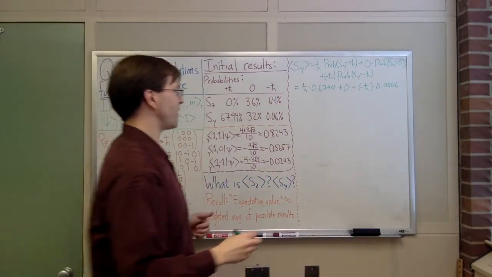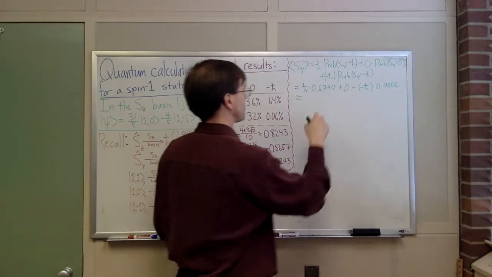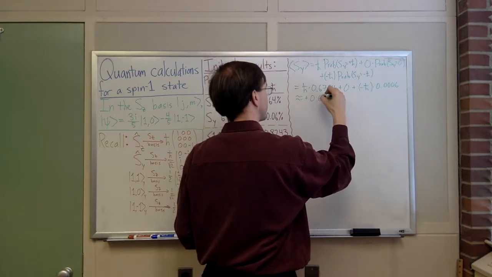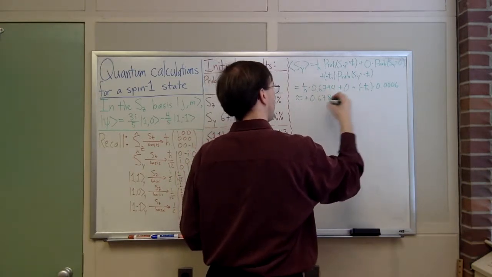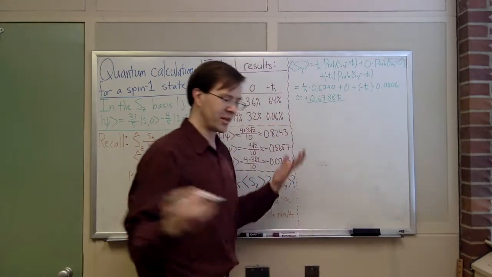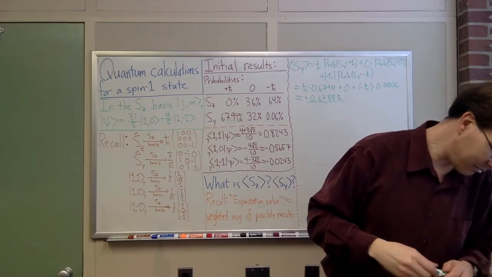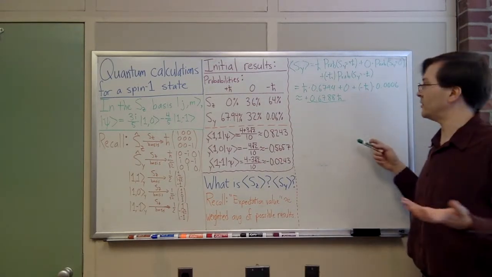You can see the expectation value is not going to depend on that very much. This is going to be roughly positive 0.6788 h bar, my expectation value. That's what I come up with. Double checking my notes, that's what I got earlier. Yep, same thing. So you can see where that came from. I've got an expectation value.